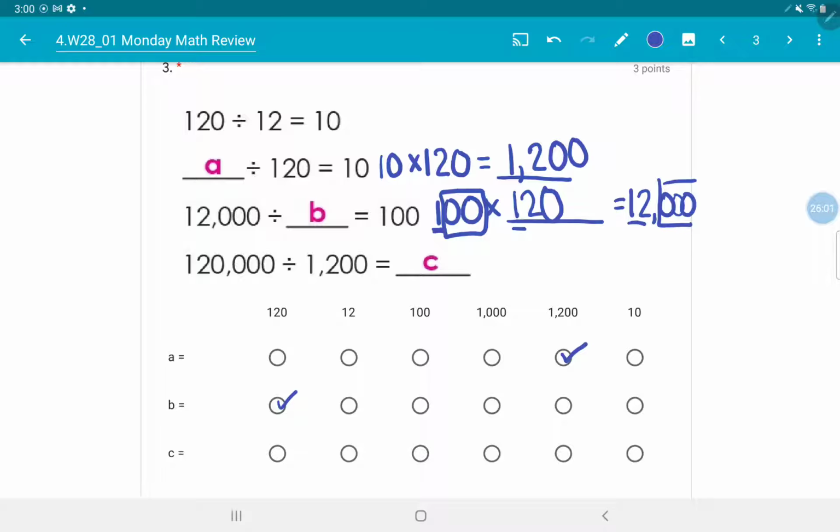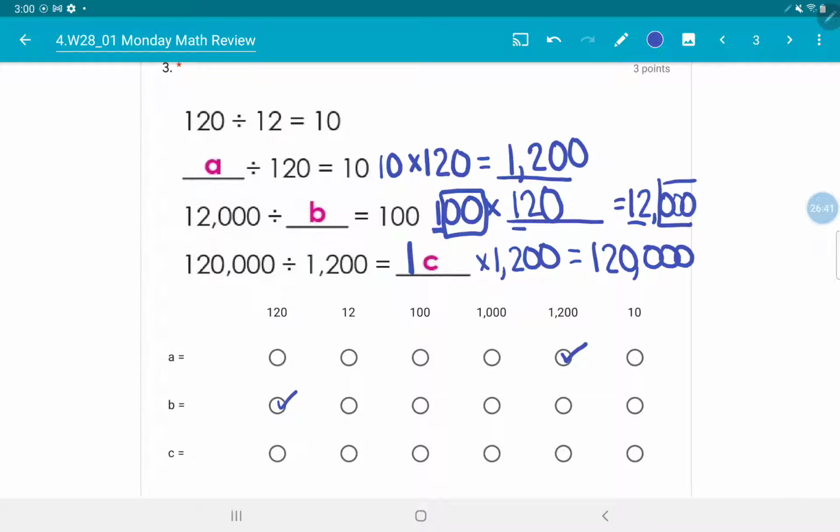All right. Last one. I have something times 1,200 equals 120,000. What number times 1,200 equals 120,000? All right, so I'm going to ignore the zeros. What number times 12 is going to equal 12? 1. So I know I just need a 1.